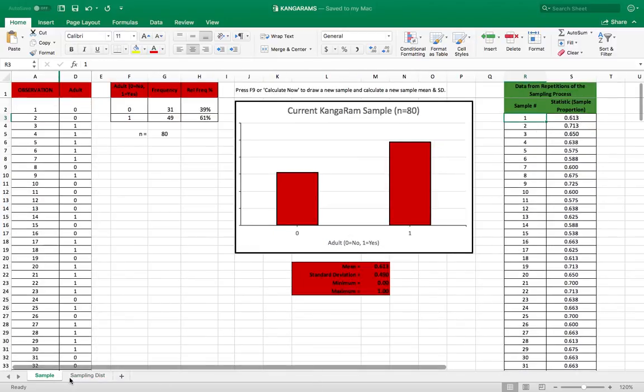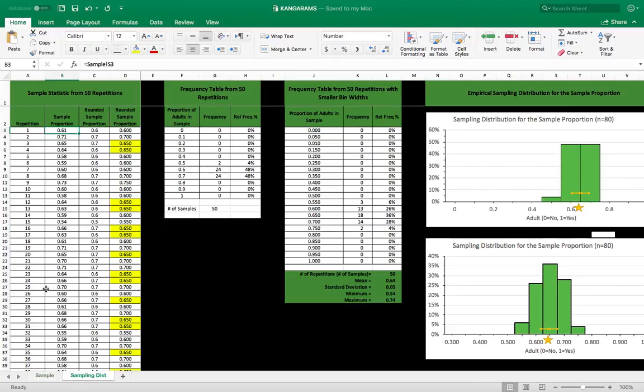We just brought it over to this next sheet and simply rounded it. In column C, we rounded it to the nearest tenths place, and in column D, it looks like we rounded it to the hundredths place.